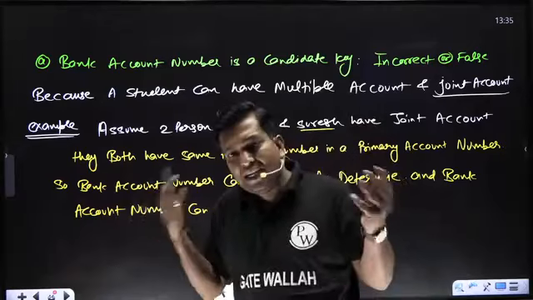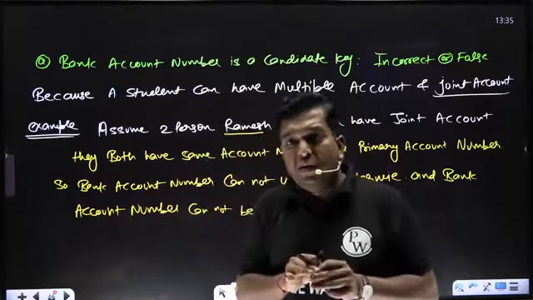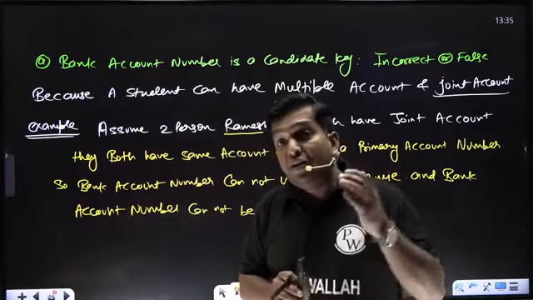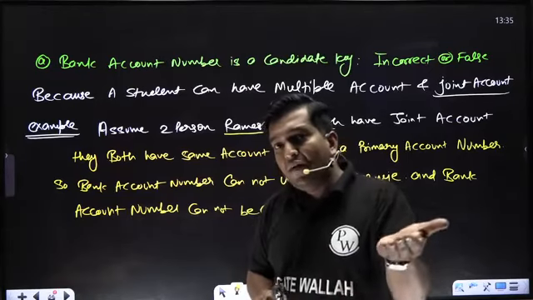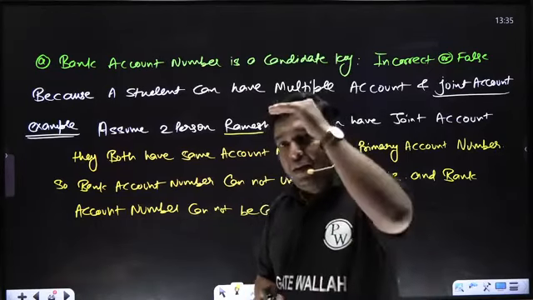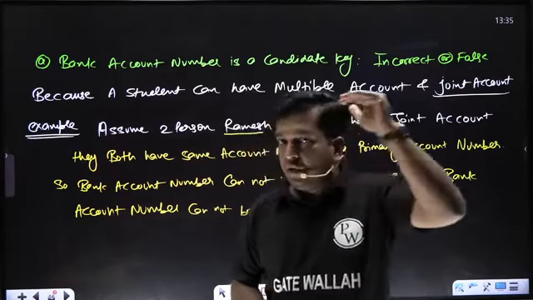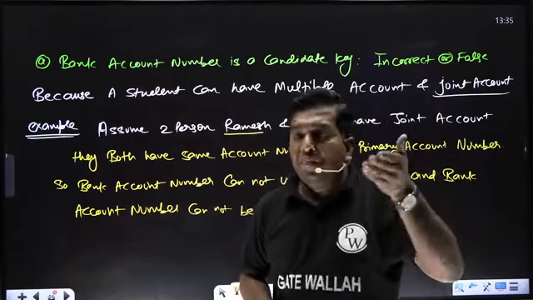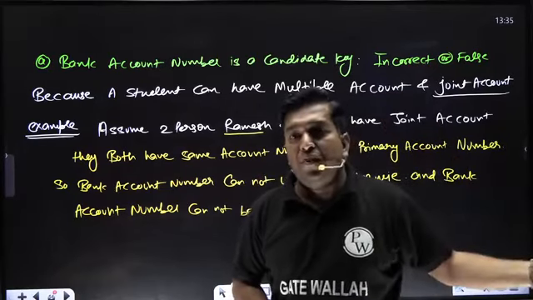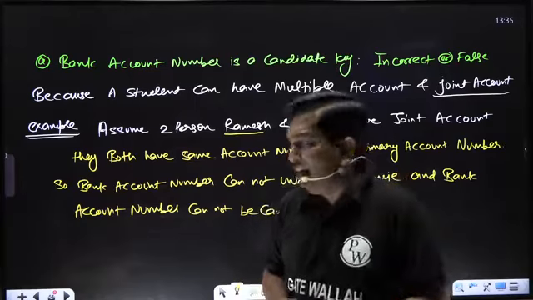Then what do they store as the primary account number? The same account number. Let's suppose account number X denotes each tuple of Ramesh, and account number X also denotes each tuple of Suresh. So it cannot uniquely determine.